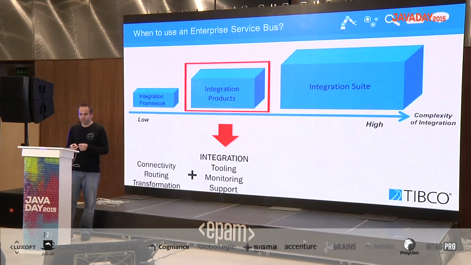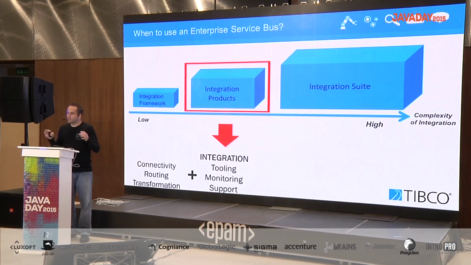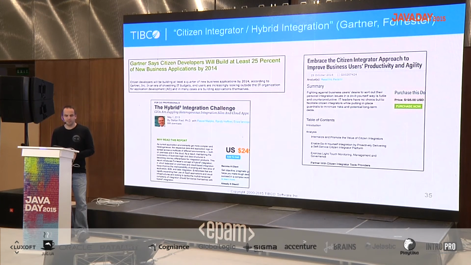But on top of that, you also have a lot of different tooling which you can use. You have different monitoring options out of the box. And what's also important for many customers is that you have commercial support. Often these frameworks are used in mission critical systems, and then it helps you a lot, of course, if you have 24/7 mission critical support, depending on the company, worldwide or wherever you need the support. So that's a little bit of the differences.